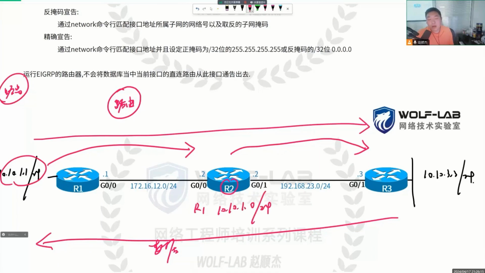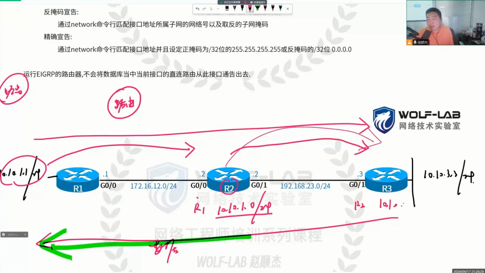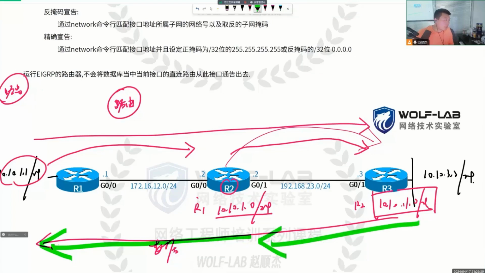What about the reverse? The reverse is the direction of data traffic. Why? Because R2 learns the route from R1. I know R1 told me it has a 10.10.1.0/24 route. When R2 wants to access 10.10.1.0 in the future, the data flow goes through R1.